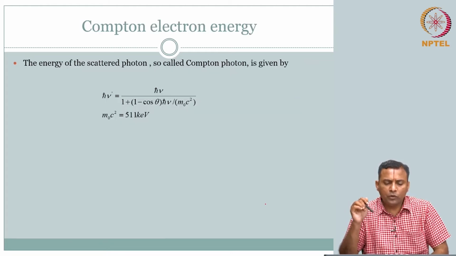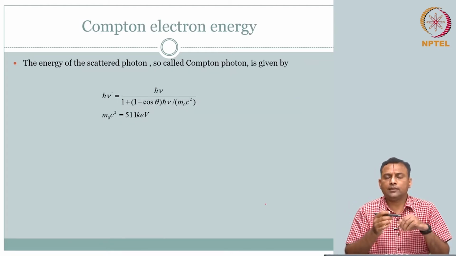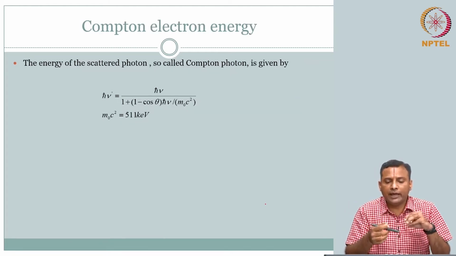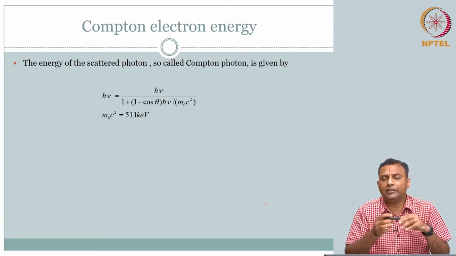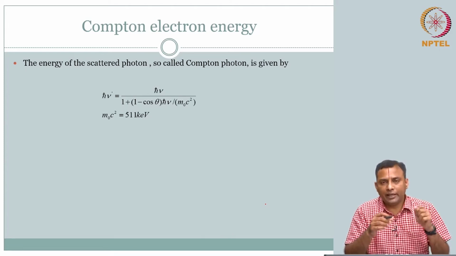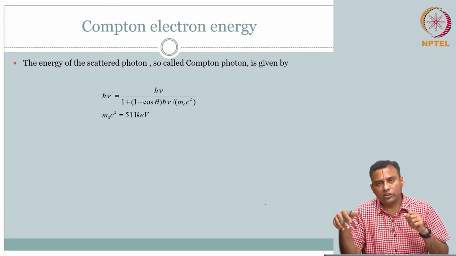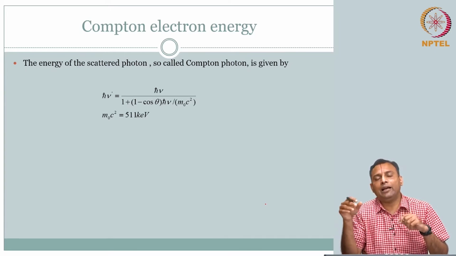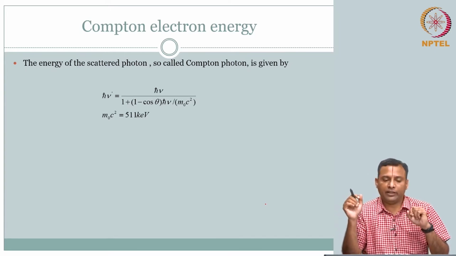So, just before we proceed ahead, let us look at this energy. Because we said Compton scattering has a new angle and reduced energy, is there a relationship that we can form between the reduced energy, that is your Compton photon energy, and the angle at which it is getting scattered?